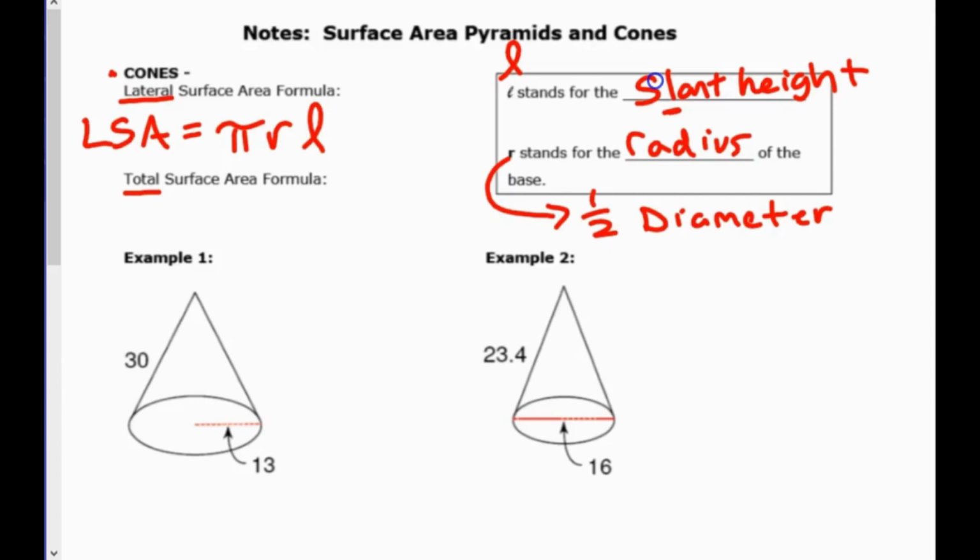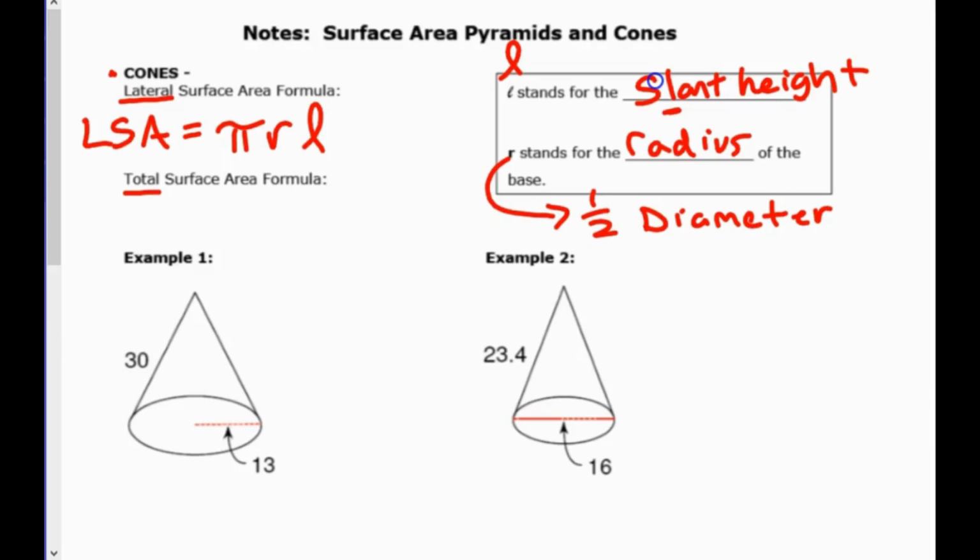Slant height. Now, I'm going to show you what that looks like, but you got to know slant height is slanty. It's not straight up and down. Otherwise, that would just be height, right? So slant height is on the slant. And we're not going to be distracted, right? Look at that. All right, so that's lateral surface area.